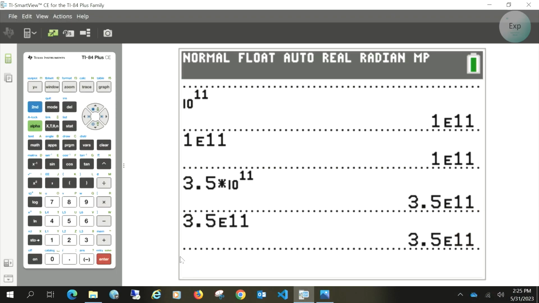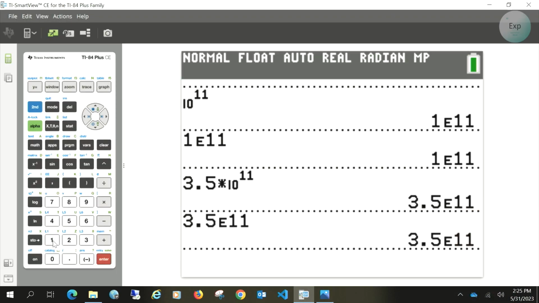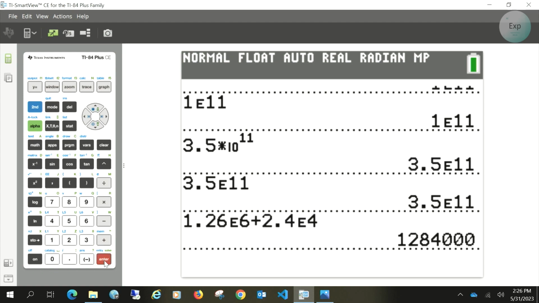For my calculation, I'm going to use the shorthand 1.26 E6 plus 2.4 and then the double E 4. Now my answer is given as 1,284,000. This is not in scientific notation.